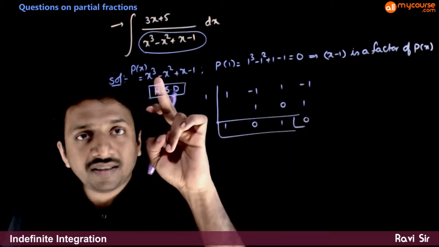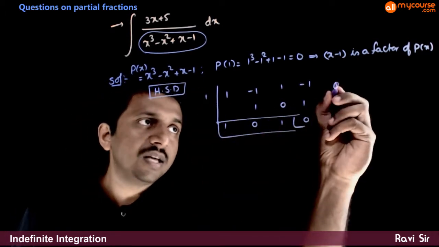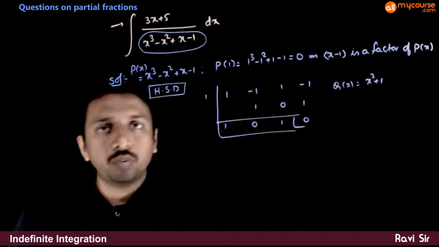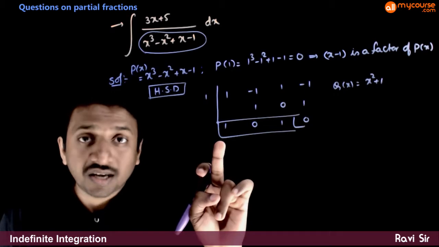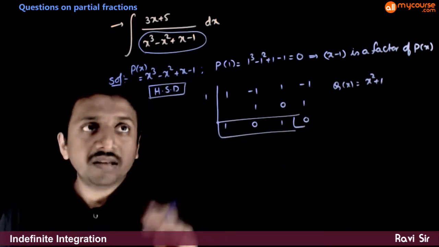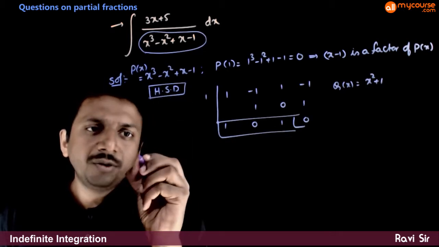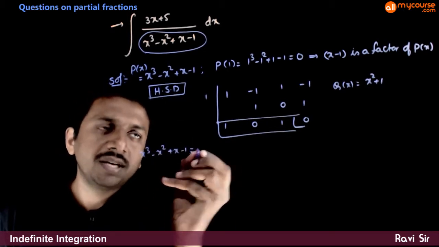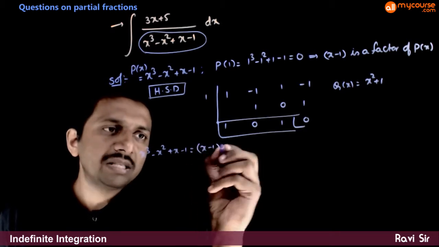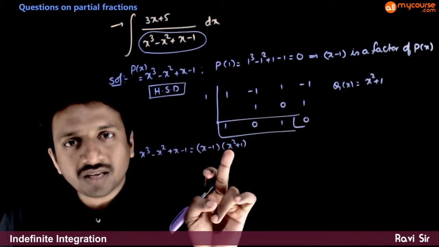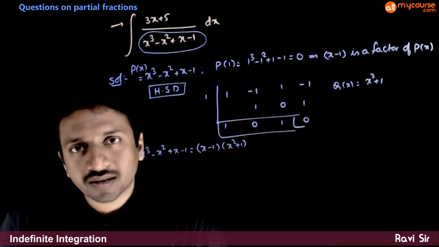If you divide this by x minus 1, the quotient is nothing but x square plus 1. This is the x square term, this is the constant term. So x cube minus x square plus x minus 1 can be written as x minus 1 times x square plus 1. X square plus 1 is a non-factorizable quadratic.